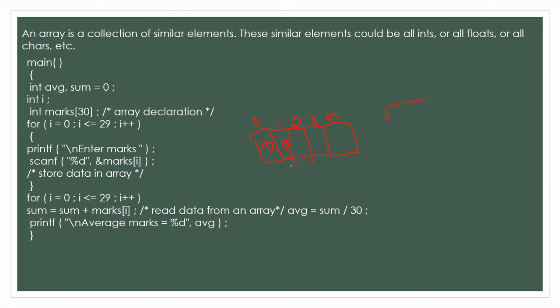So if you want to find the sum of marks, let's say the sum of these 3 marks, first of all we must initialize sum as 0. So sum is equal to 0 plus marks[i]. What is marks over here? It's 50. So this is the answer. This gets saved in sum, so sum is equal to 0 plus 50.